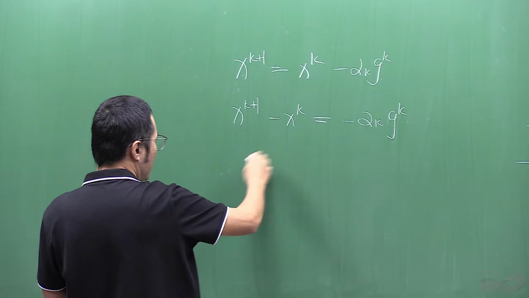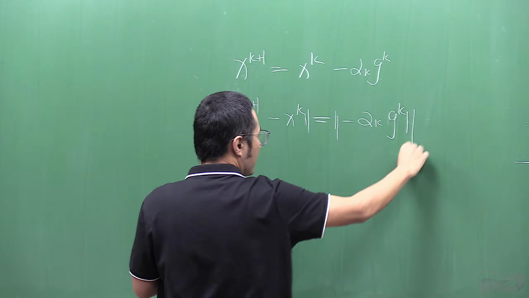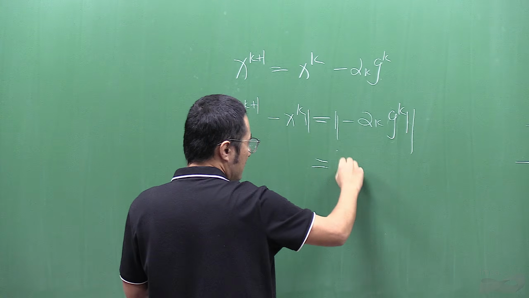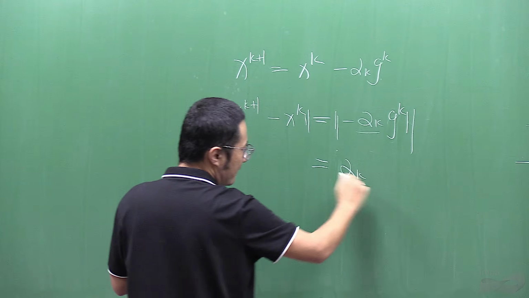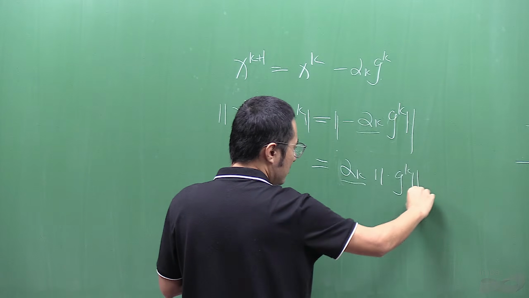We take the norm on both sides. Because the step size is positive, we have alpha k times the norm of gk.